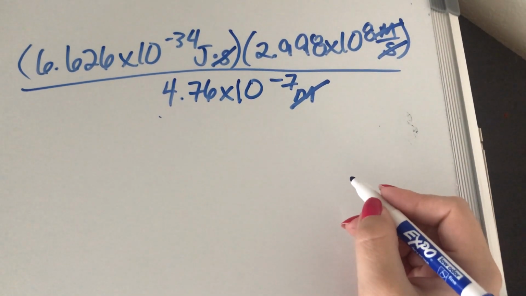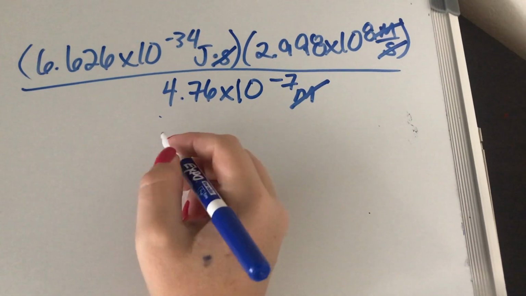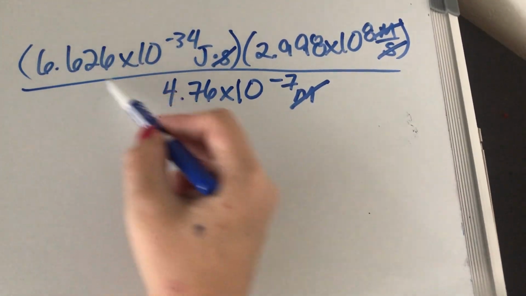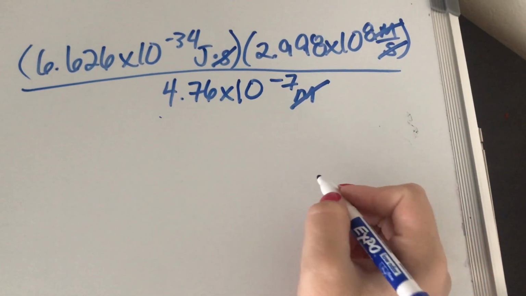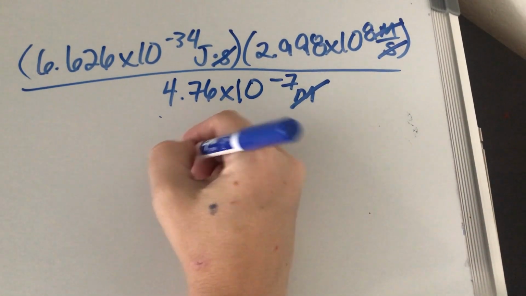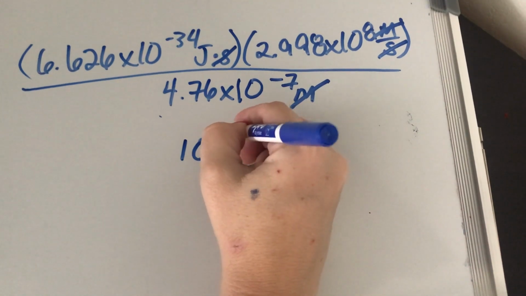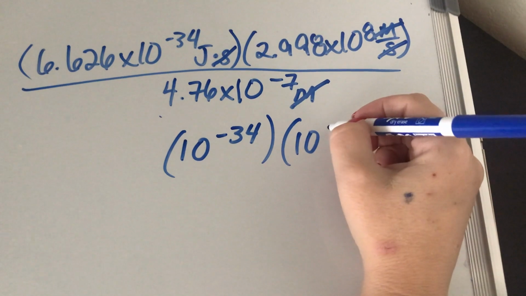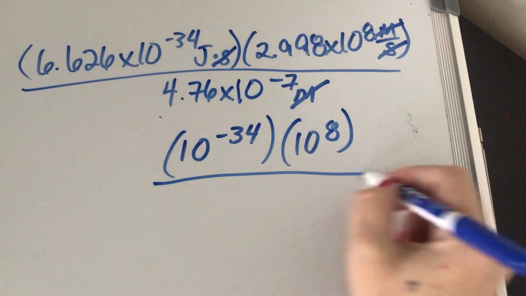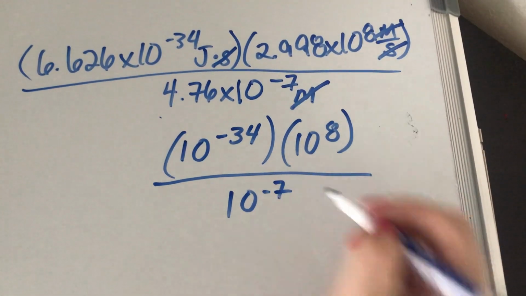Cool? So, the next thing that I would want to do is combine all of our powers of 10 here, right? So if you guys aren't familiar with this, I'm just going to write these guys all next to each other so that we can see how they combine. Right?